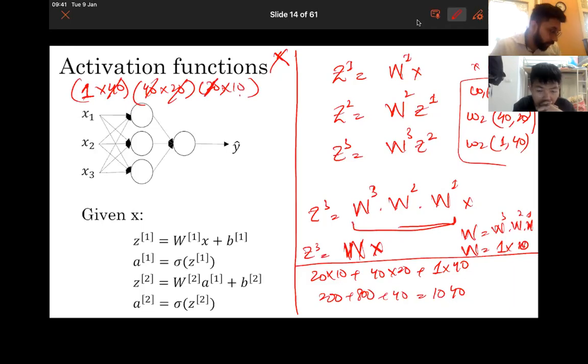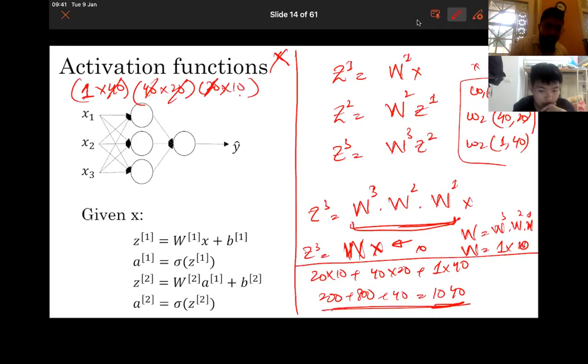So doing this with 1040 weights is exactly equivalent to this, which has only 10 weights. Whatever you can learn with these 1040 weights, you can also learn with just 10 weights, which is terrible, right? Because you created a big network with so many weights, and whatever you can learn with this network, you can also learn with just 10 weights.